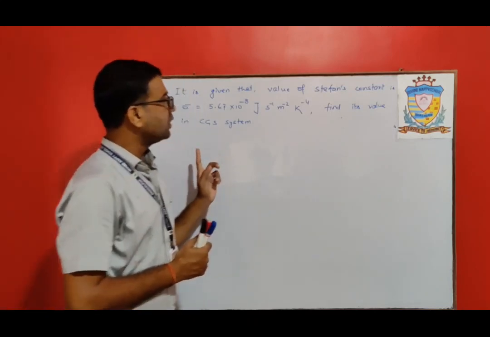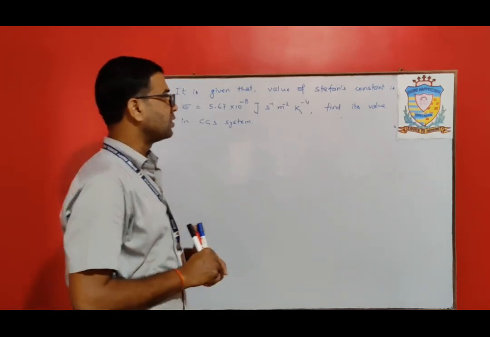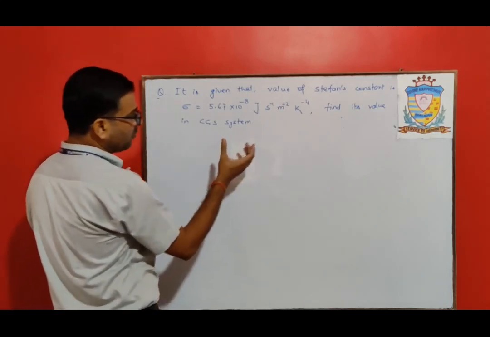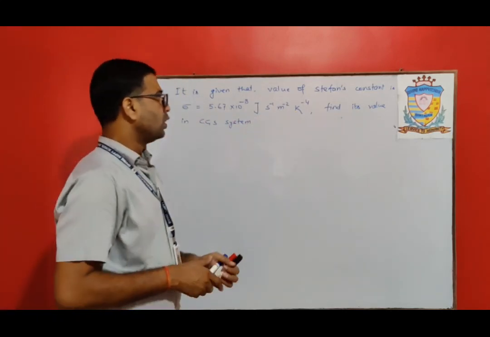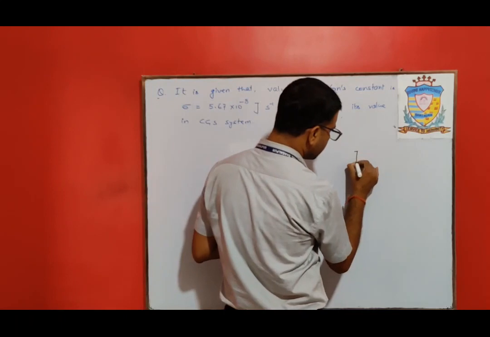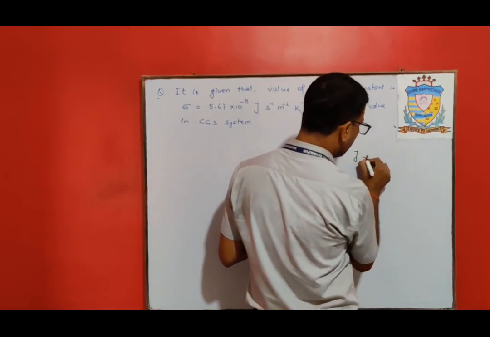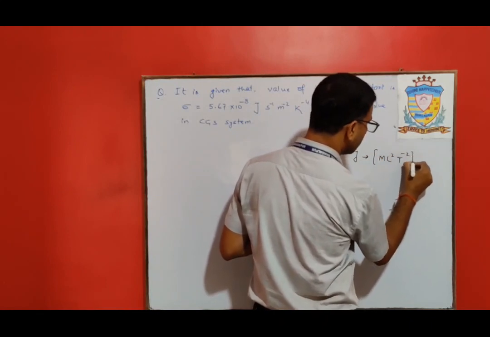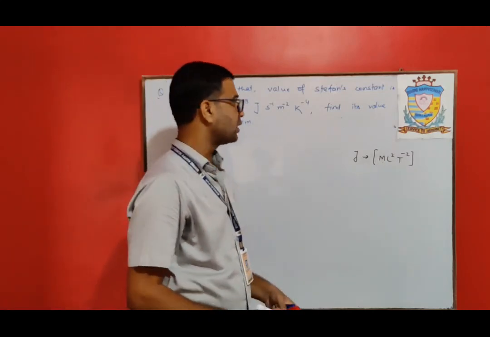This is the first application, where we have to convert one system of units into another. For that, we simply find the dimensional formula using this equation or these units. The dimensional formula for joule: joule is the unit of work done, and the dimensional formula of work done is force times length, that is mLT minus 2 multiplied with length, giving mL2T minus 2.